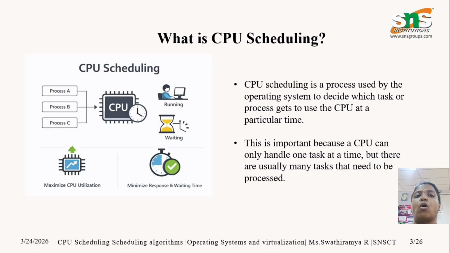We should have some order of taking the process from the queue and processing the task at that particular time. So the ultimate goal of CPU scheduling is to maximize the CPU utilization and minimize the response and waiting time of the process.